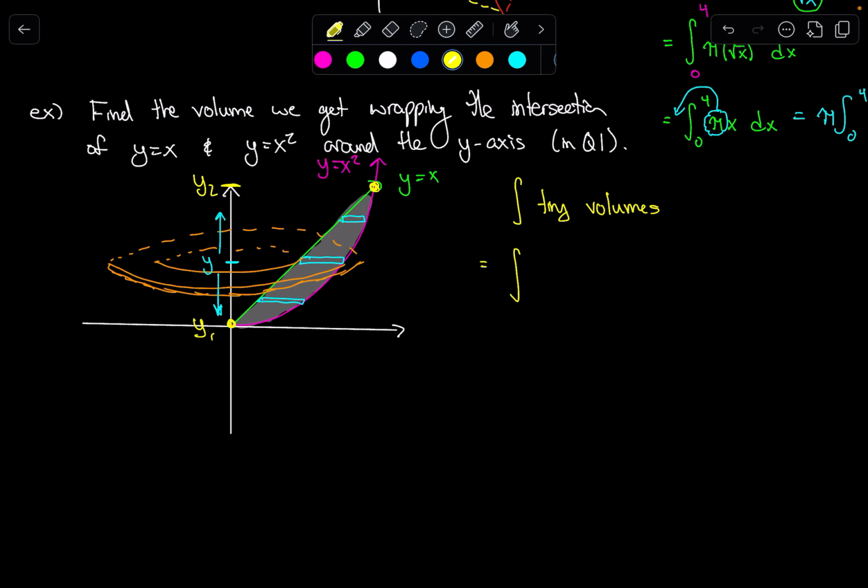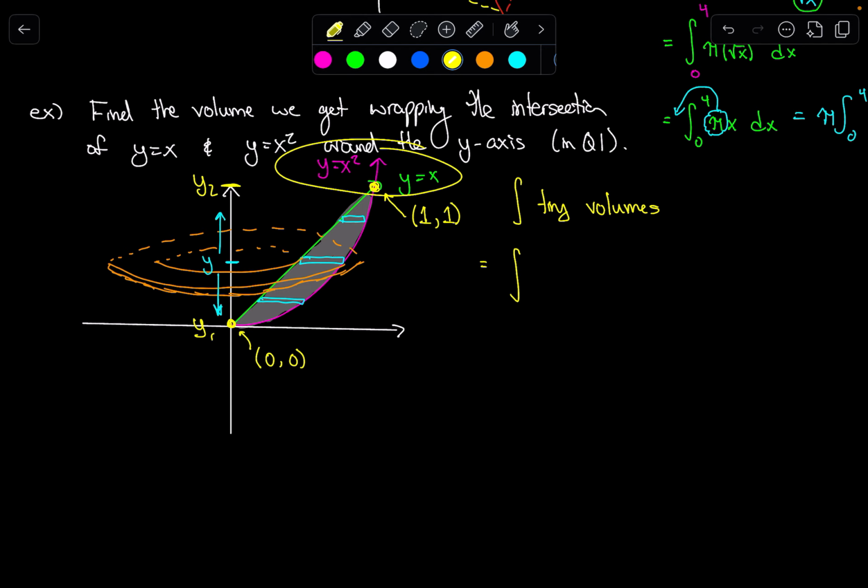Now, from the work we did in the last example, we know that the x value here is 1, which immediately, plugging into either graph, is going to give us that the y value here is also 1. And in the last example, we also saw that this x value was 0, which immediately gives us that y is equal to 0, again, in either one of those.